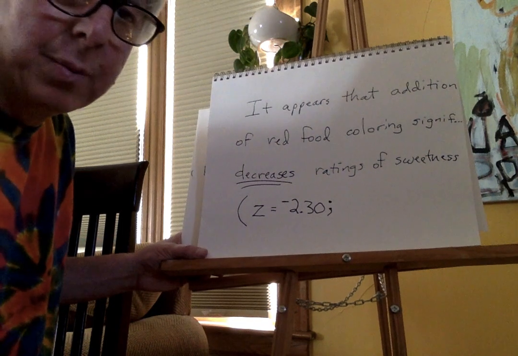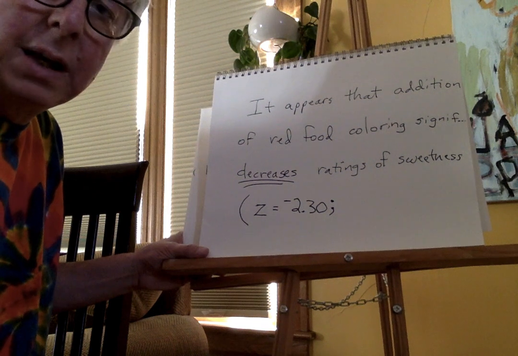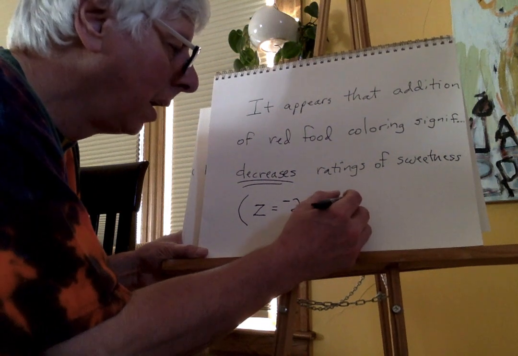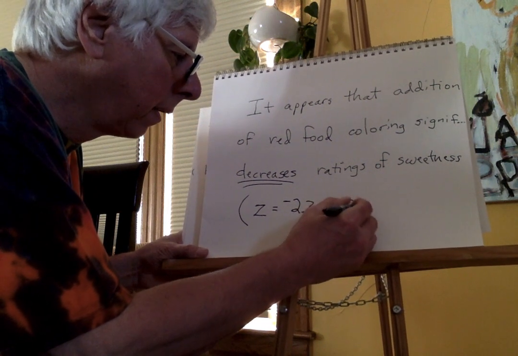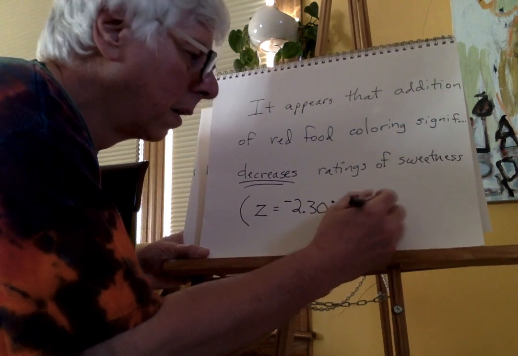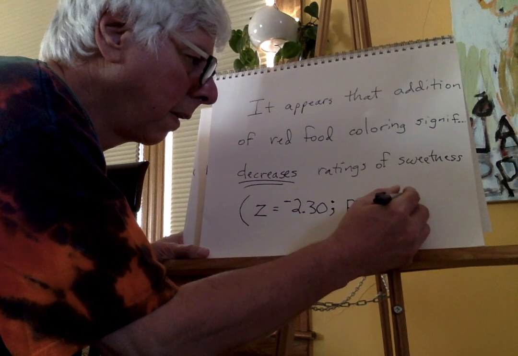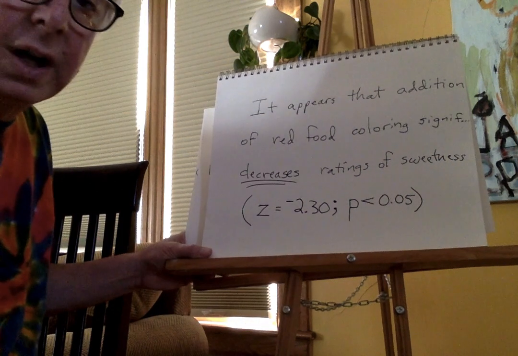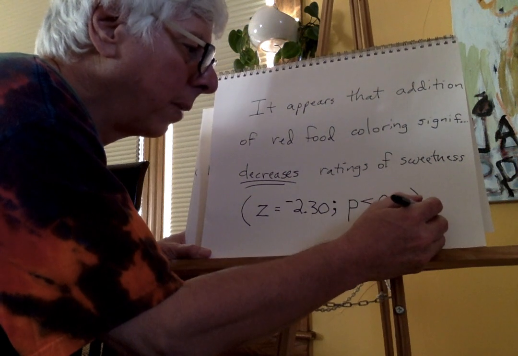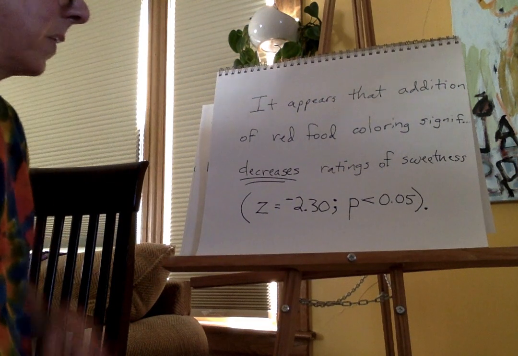And now some terminology that you may have seen, if you're reading any research articles, you may have seen this. I'm going to put lowercase p, less than 0.05. Now I'm going to put my period, okay?